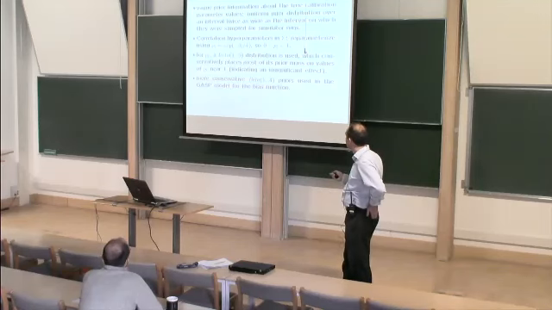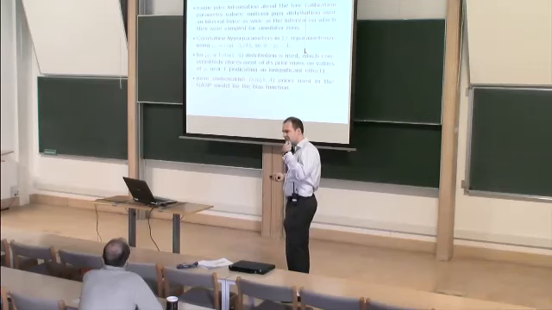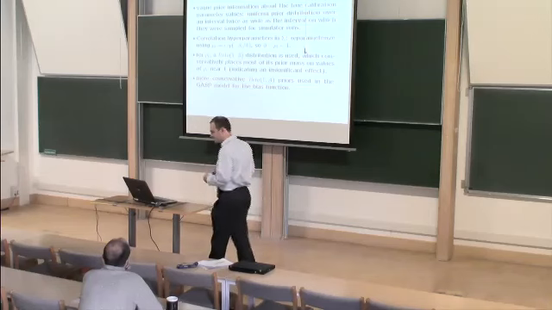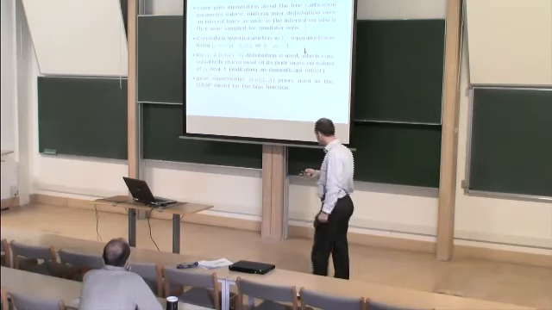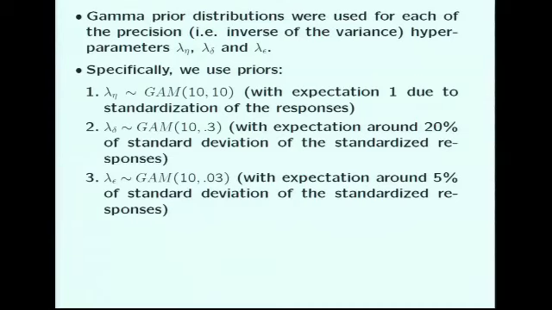Even more conservative for the bias function. So the data have to convince you that it must be the case. So it's saying, well, the data must tell you something. And then we put some other technical distributions on those precisions, which are the inverses of the variance for the computer model, the bias, and the error.